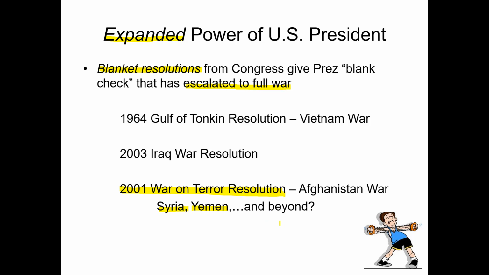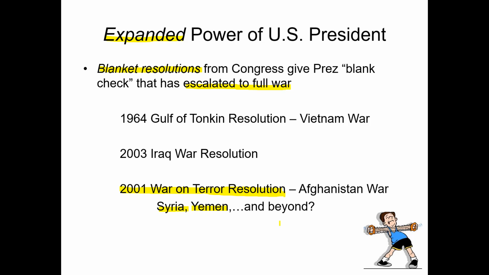So the president has gathered quite a bit of power over the years through this concept of an authorization to use military force, which we're calling blanket resolutions here. They're literally delegating, without declaring war, delegating a president to take care of a problem, and that's giving him considerable power to potentially escalate it into full war.